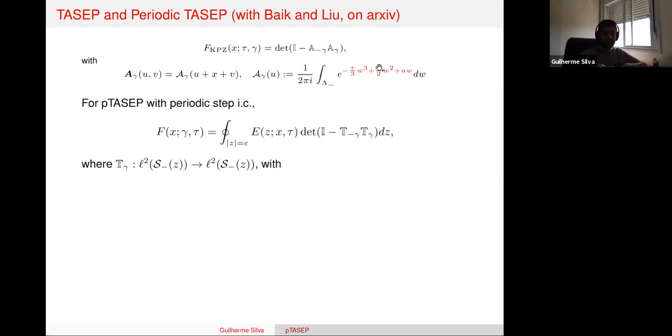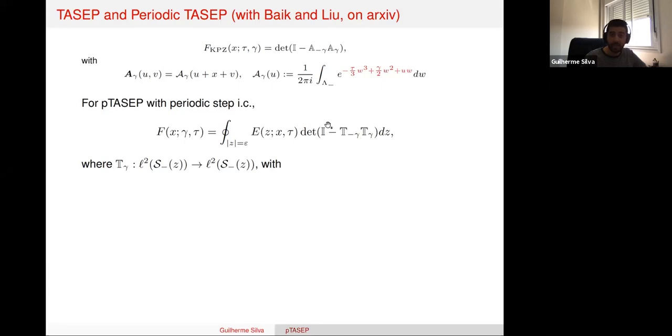And for the periodic TASEP, our first result is a different representation of this one-point distribution. Remember that I showed before, a few slides ago, the result of Baik and Liu, which was saying that this one-point distribution was an integral of a certain prefactor, the same prefactor here, times a Fredholm determinant. So what I'm saying here is that we obtain a different representation for the Fredholm determinant.